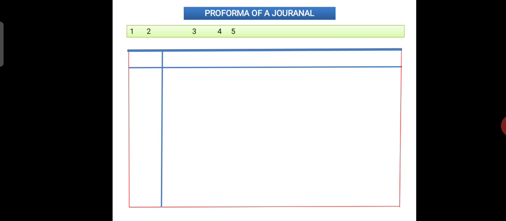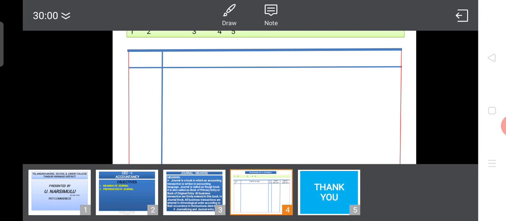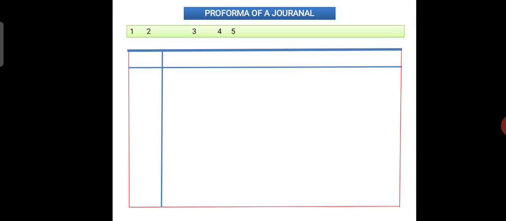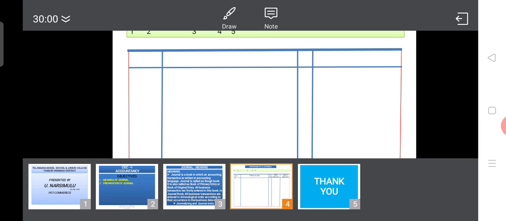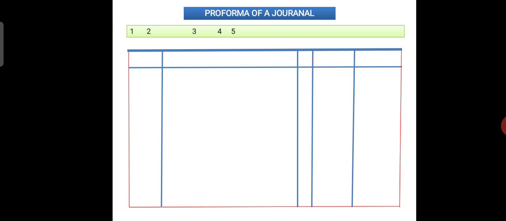That is meant for date, and immediately give some space and draw one more line. The second column is meant for particulars, and the third column is meant for ledger folio number, the fourth column is meant for debit amount, and the fifth column is meant for credit amount. See students, in the proforma of a journal we will see 5 columns.